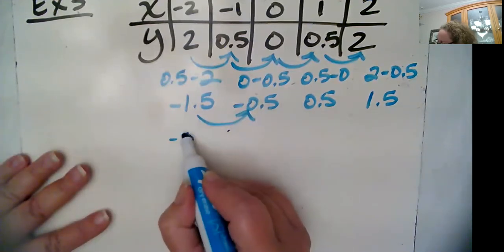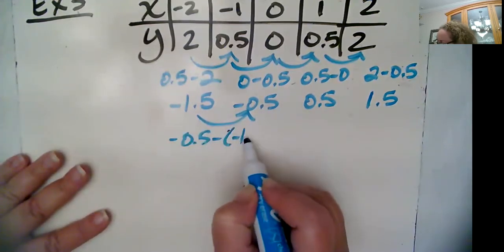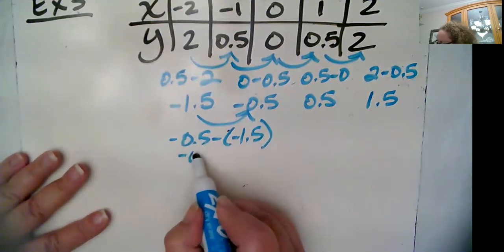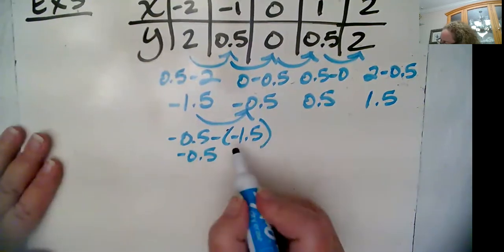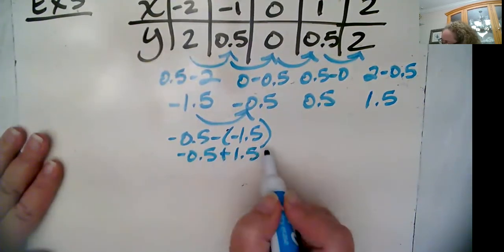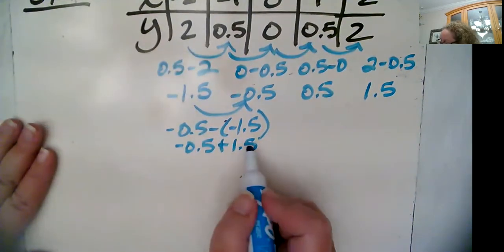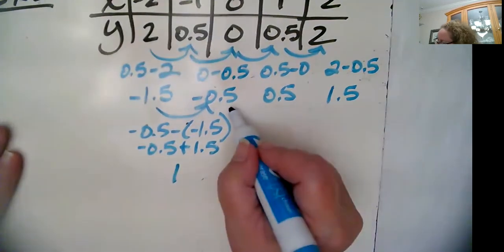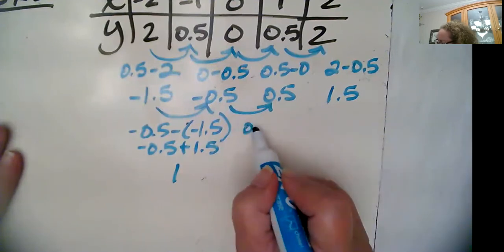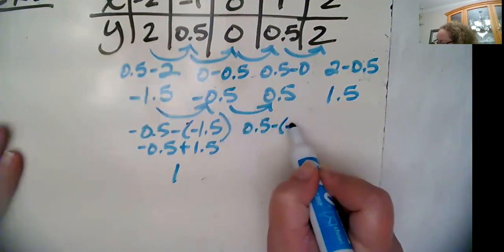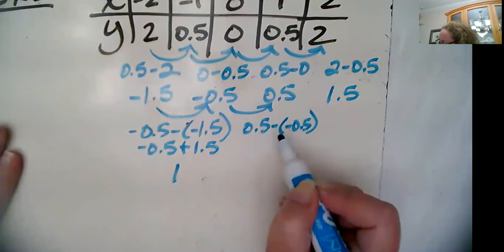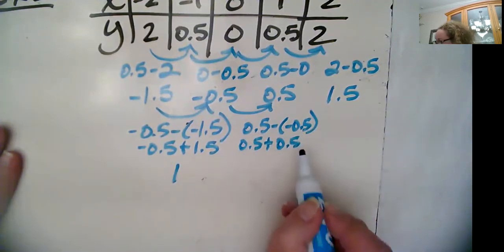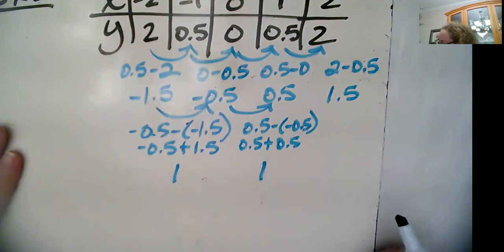So negative 0.5 minus a negative 1.5, a negative gives us a positive, so we have 1.5 minus 0.5, so we get 1. From here to here, 0.5 minus a negative 0.5, a negative gives us a positive, so 0.5 plus 0.5 gives us 1.